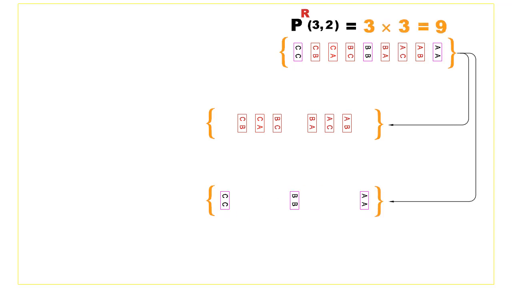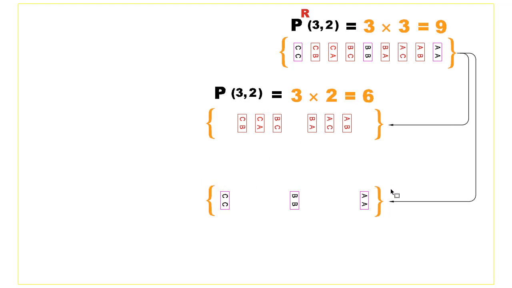So now let's see the number of all possible outcomes for the main group, which is permutation of 3 objects taken 2 at a time with replacement, which is 3 times 3 equal to 9. So we have here 9 sequences. And for the group that has only sequences with no repetitive objects, the number is permutation of 3 objects taken 2 at a time, which is 3 times 2 equal to 6.